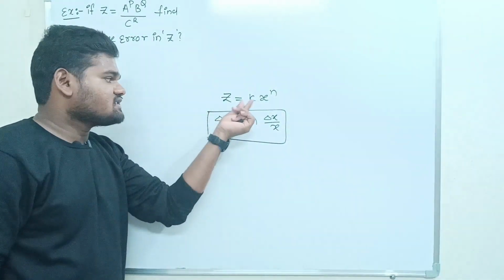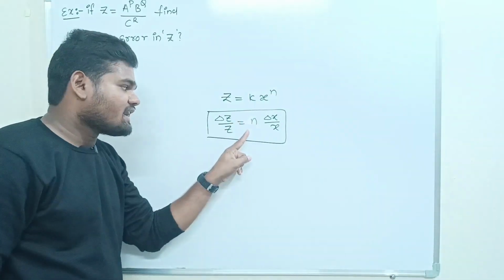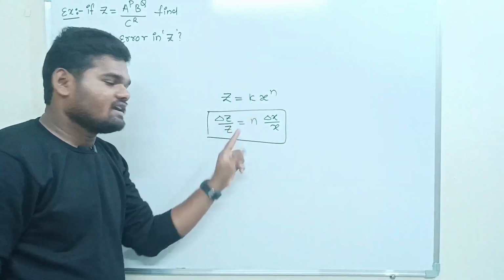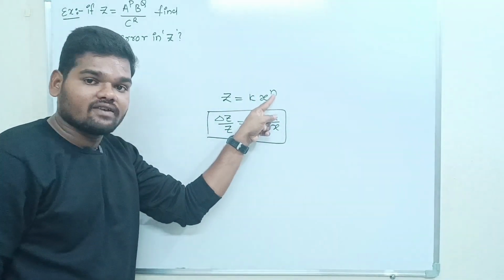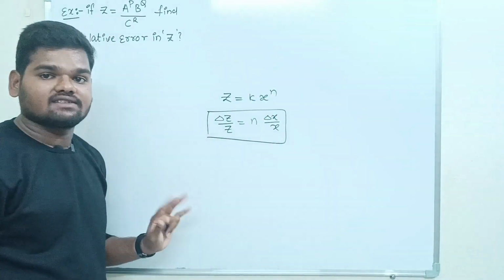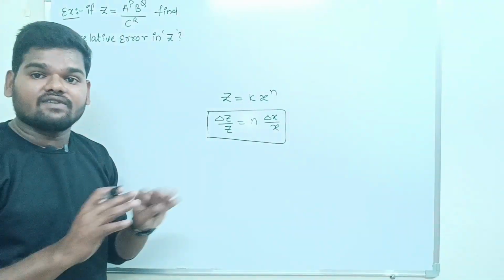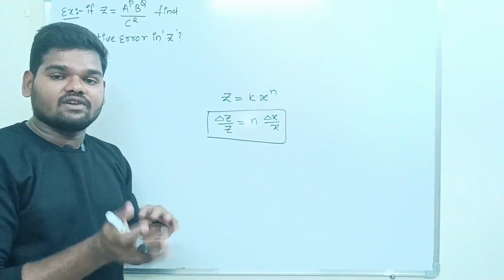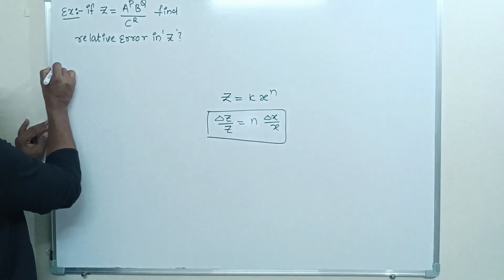When we are writing the relative error in z, don't take k. Just put the power, whatever the quantity having the power, in front of it and write delta x by x, or delta a by a, or delta b by b, or delta c by c. Then you will get the answer. So don't apply the log, don't worry, you will get the answer.